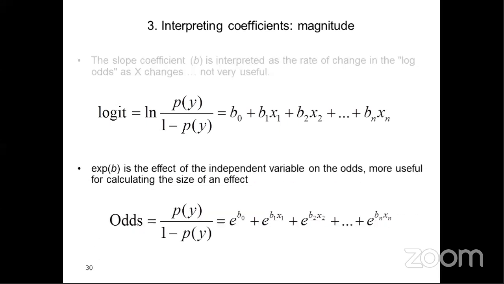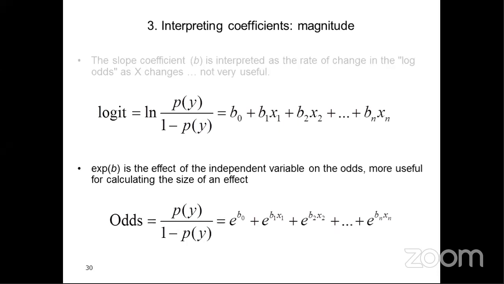Whereas in the case of the odds ratio, as already noted, the exponent of b is the effect of the independent variable on the odds, because now your dependent variable is not the natural log of the odds, it is the odds itself, that is pi divided by 1 minus pi. So it is the effect of the independent variable on the odds, which is more useful for calculating the size of the effect.